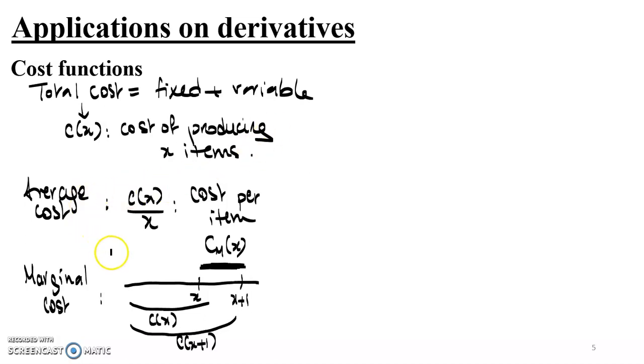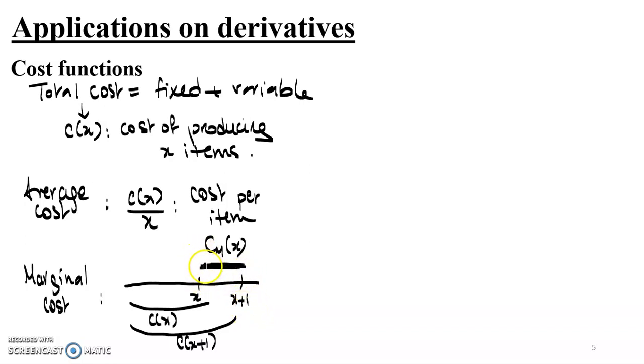Now, this is completely different than the average cost. For the average cost, you would have produced x items, and you would be determining how much the production of each item cost you on average. However, now that you have produced x items, you'd wish to determine, if producing an extra item, how would the cost vary by the production of that single item.